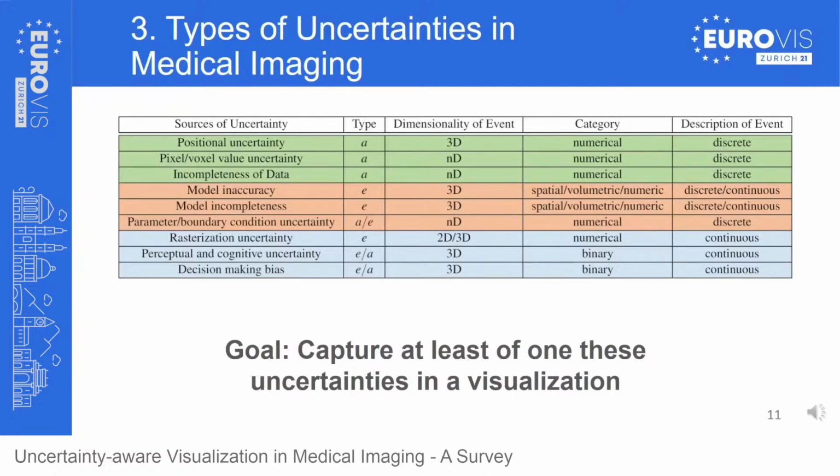The last category is about visualization, and it contains rasterization uncertainty, which happens when you map your visual variables onto your screen. Perceptual and cognitive uncertainty, which refers to the user that can have problems in understanding the visualization or can have cognitive uncertainty while understanding the visualization, and a decision-making bias, which means that you actually see something and you see how you should make a decision, but you're biased in such a way that you don't want to accomplish this decision.